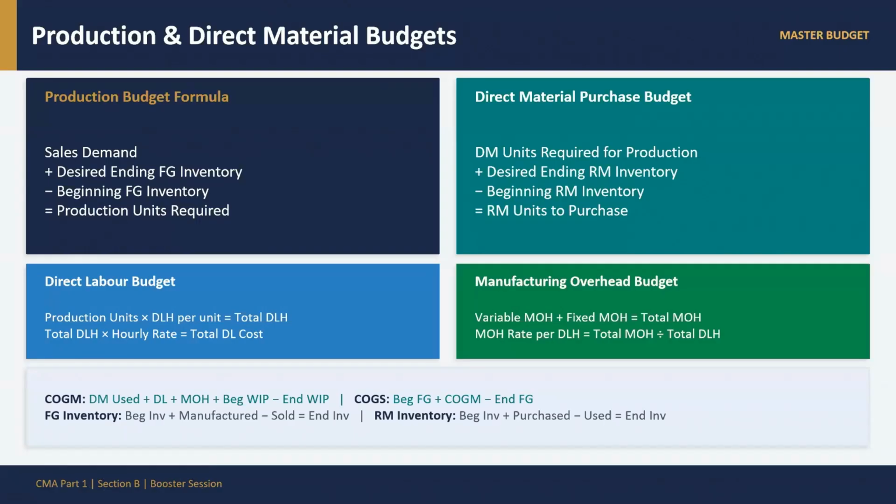Then your inventory calculation. Finished goods inventory. How do you calculate it? Beginning inventory plus manufactured units minus units that are sold gives you ending inventory. Then raw material inventory, same thing. Beginning inventory of raw materials plus purchased raw materials minus used raw materials gives you ending raw material inventory.